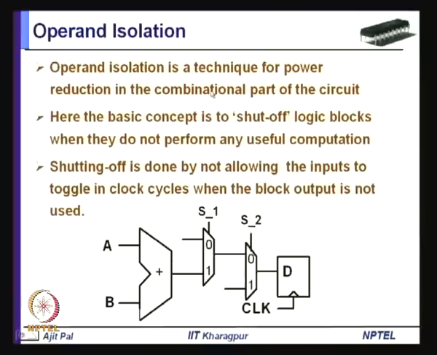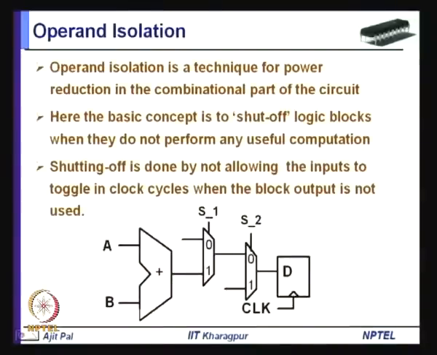So far, we have discussed power reduction in sequential circuits or registers. Now, we shall consider how power reduction can be done in combinational circuits, and in this case the basic concept is to shut off logic blocks when they do not perform any useful computation.